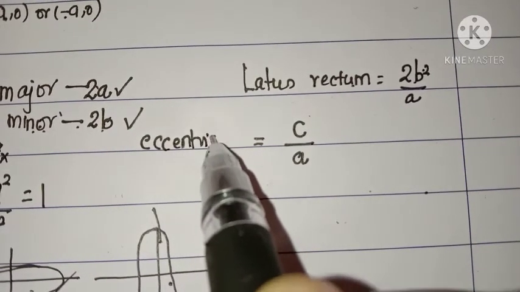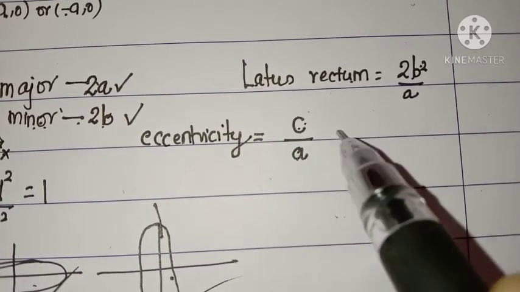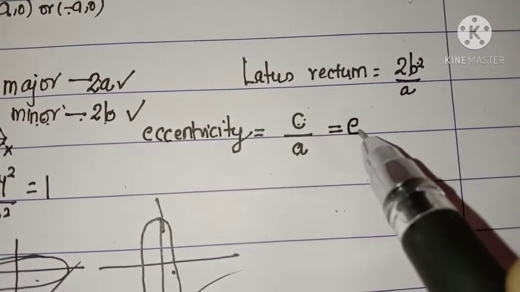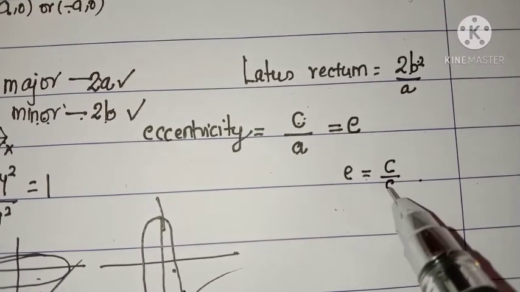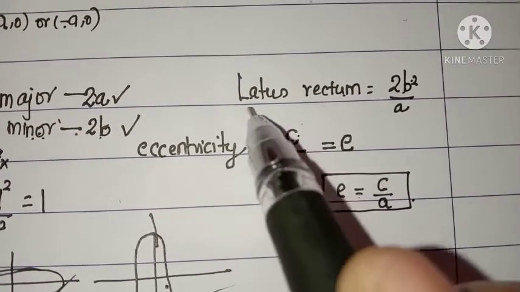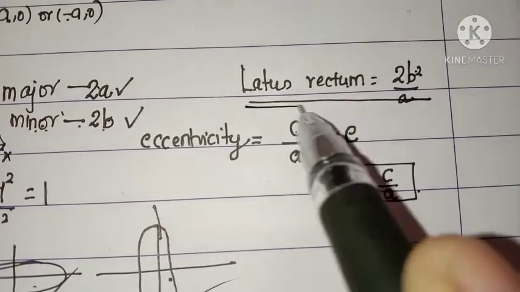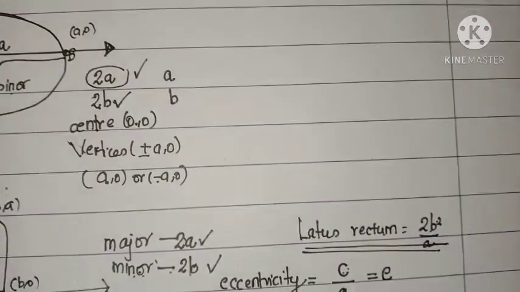This is a new term. So eccentricity is the ratio between c and a and it is denoted by e. So e, the eccentricity, is equal to c by a. Latus rectum is equal to 2b square by a. So these are the main concepts.